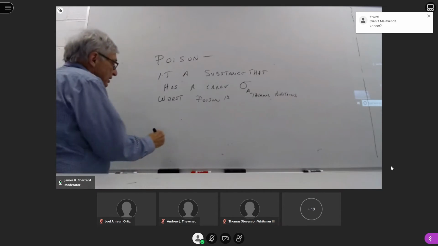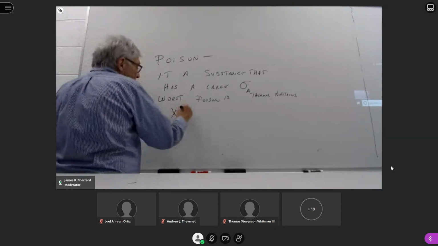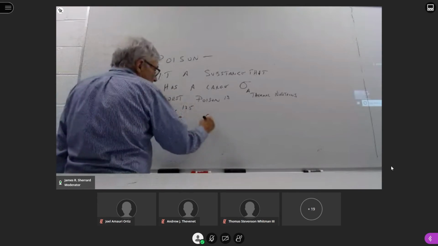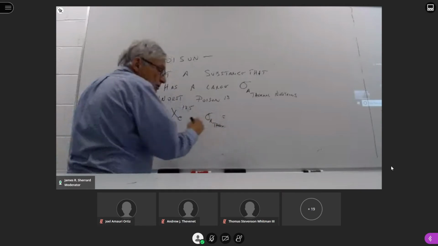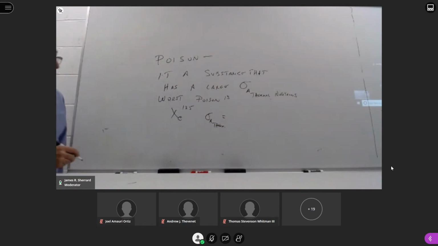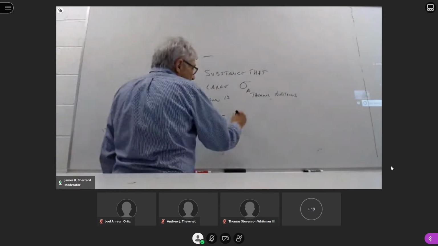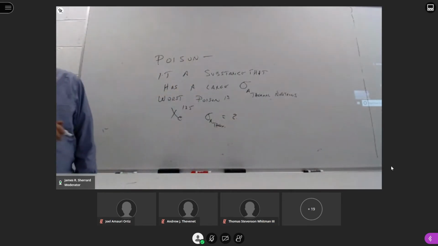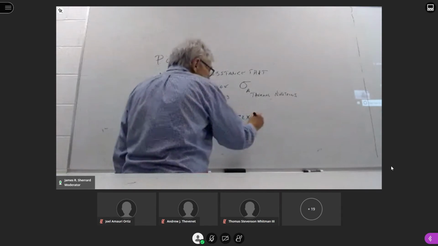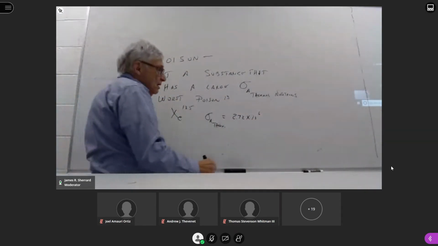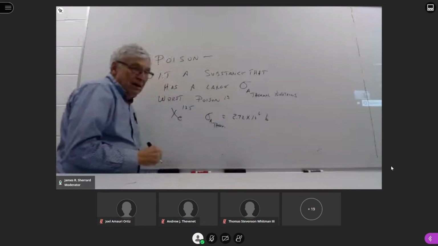Yes, it is xenon. It is xenon 135. And sigma absorption for thermal neutrons is 2.72 times 10 to the 6th barns.